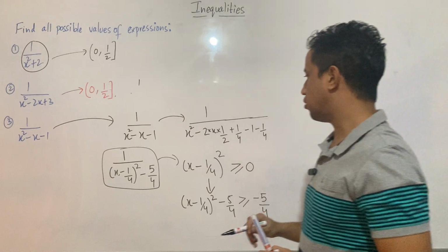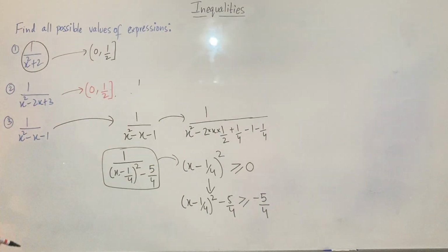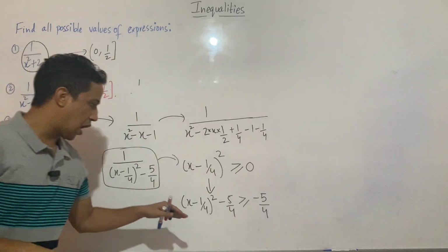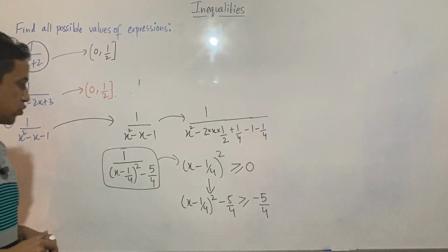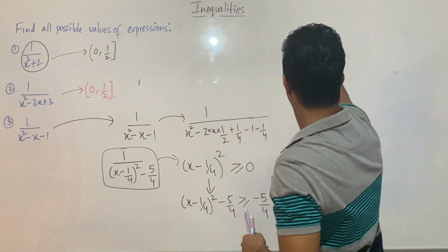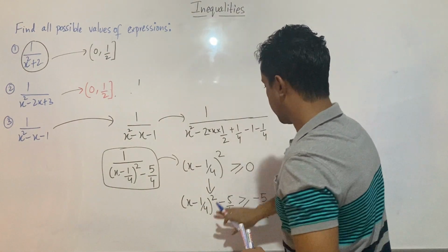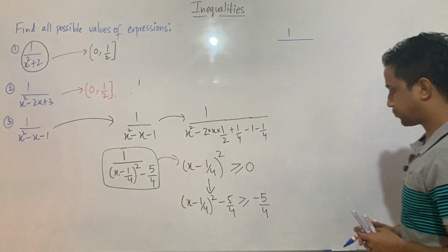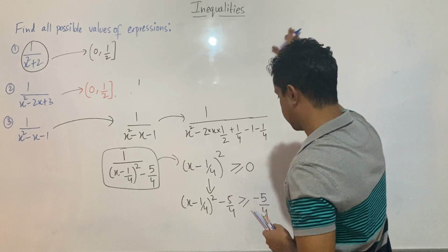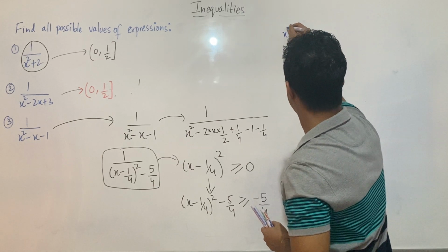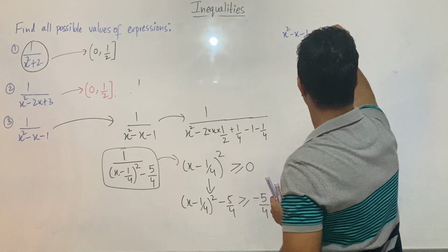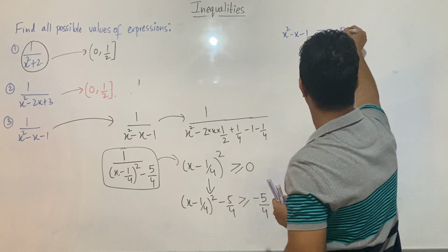All right, so now what I'm more interested in is finding out the reciprocal of this, right? So if I take the reciprocal, first of all, this thing can be written as x squared minus x minus 1, and it is greater than or equal to minus 5 by 4.